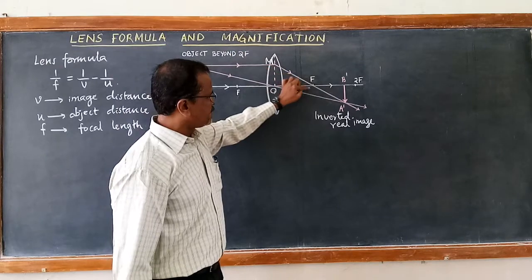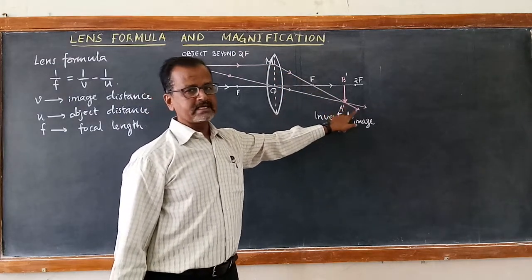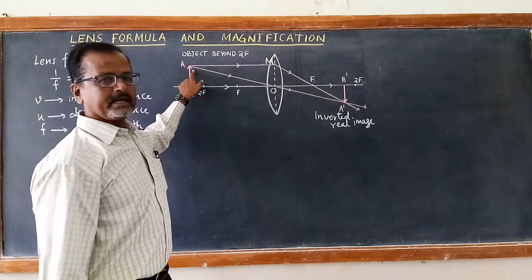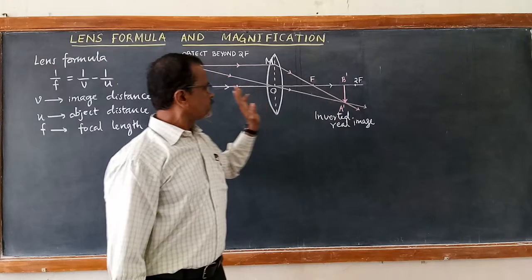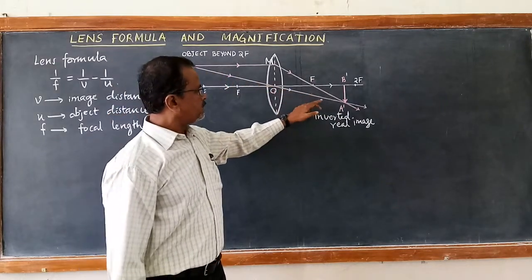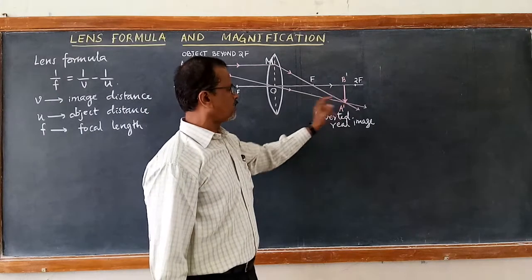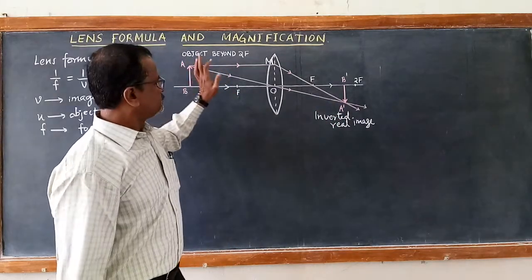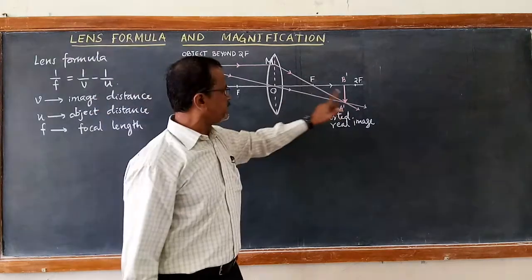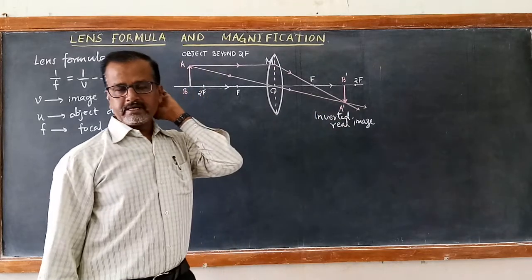After refraction, it passes through the focus and it is extended. Another ray passing through the optic center goes undeviated without refraction. Where these two rays converge, at that point the image is formed. So the image of A is formed here and the image of B is formed here. Thus A dash B dash becomes the image.